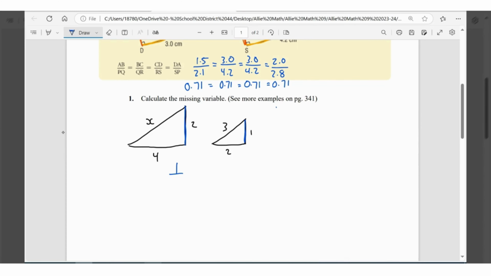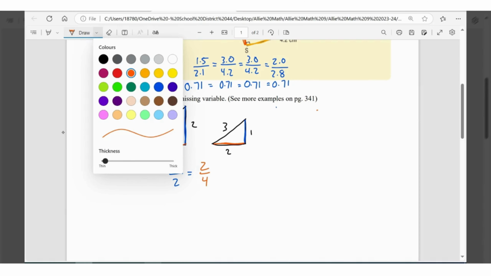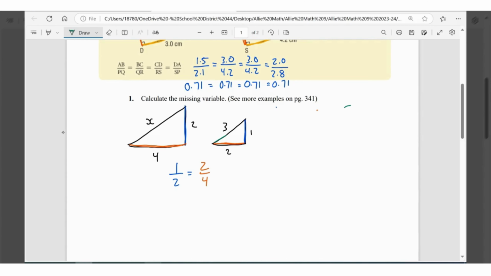So 1 over 2 should be equal to the proportion of 2 to 4. And should be proportionate to 3 to we don't know what. Okay, and so there's a few ways to think about this.